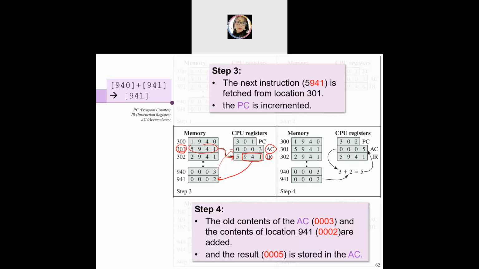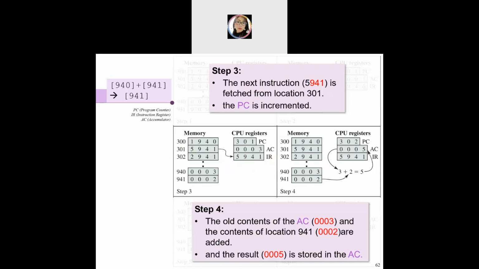So 5, the old content is 0003, and the content of the location, the new one, 0002, are added to your AC, and you're going to store back to AC.